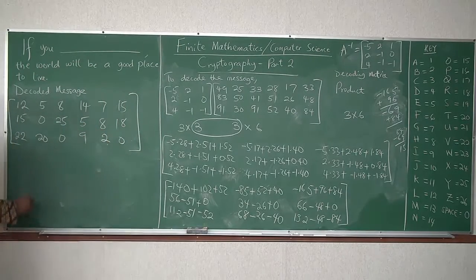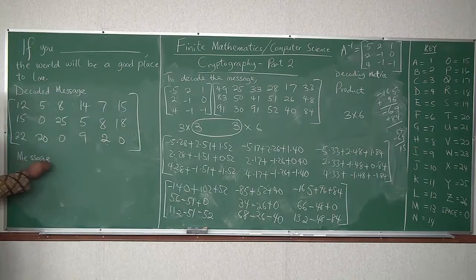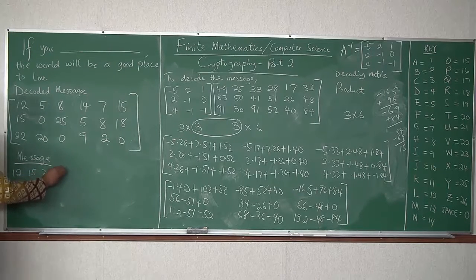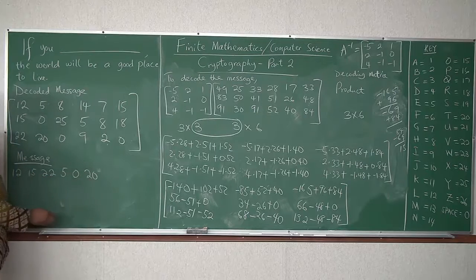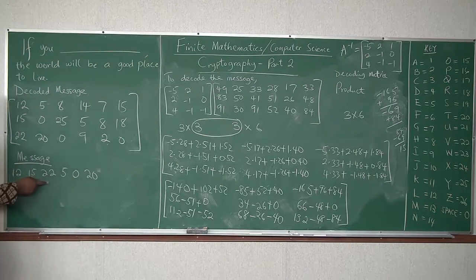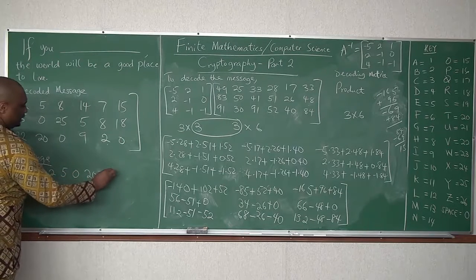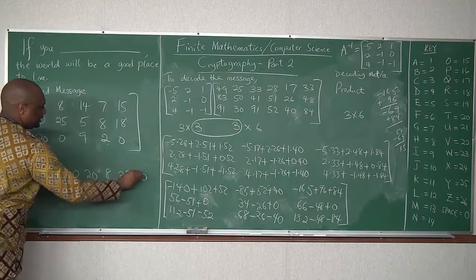Okay, so what is our message now? This is 12, 15, 22, 5, 0, 20, 8, 25, 0.